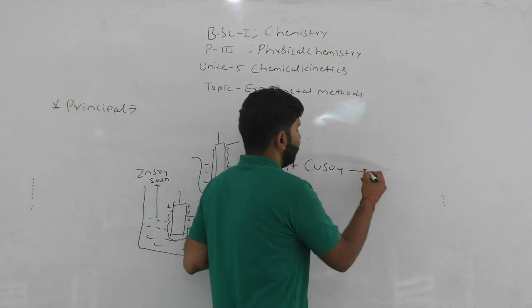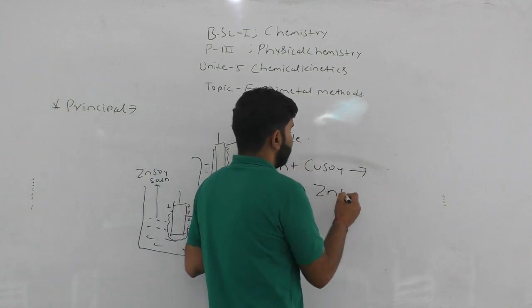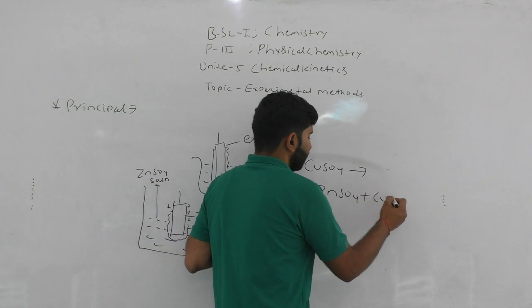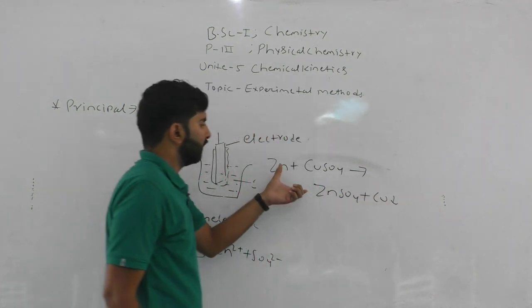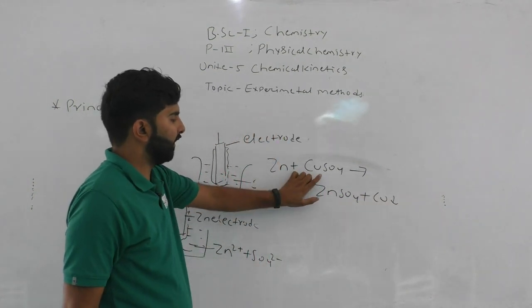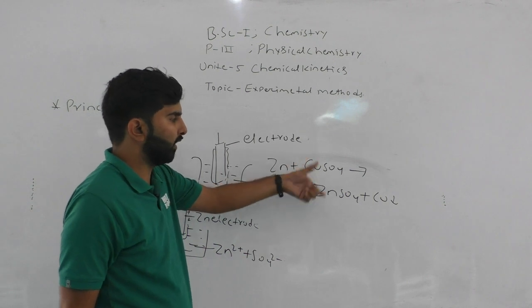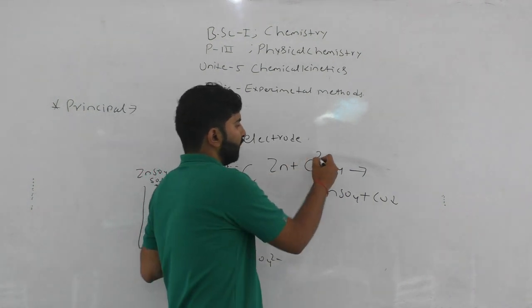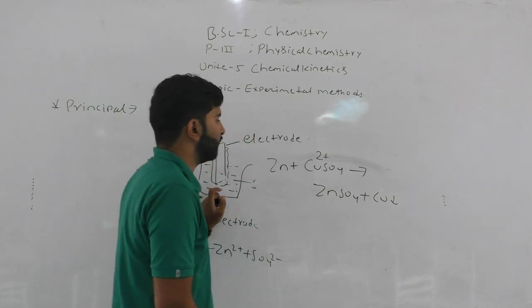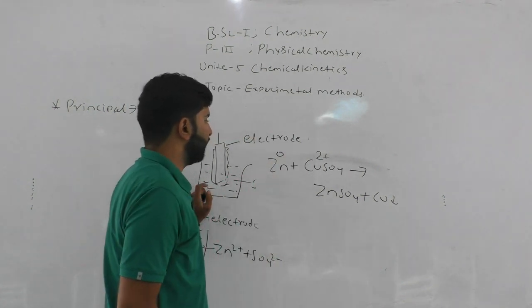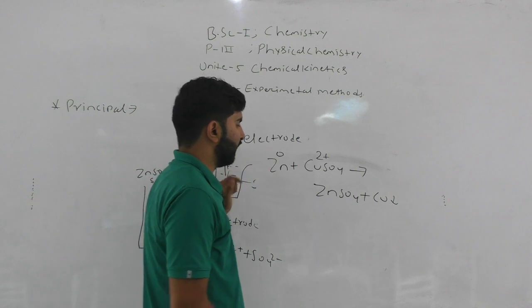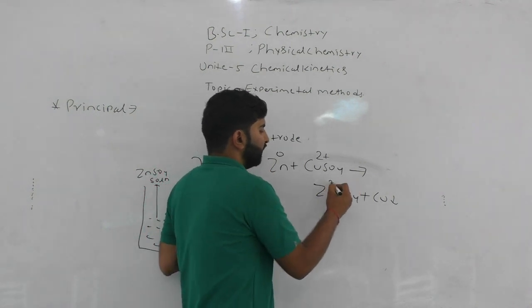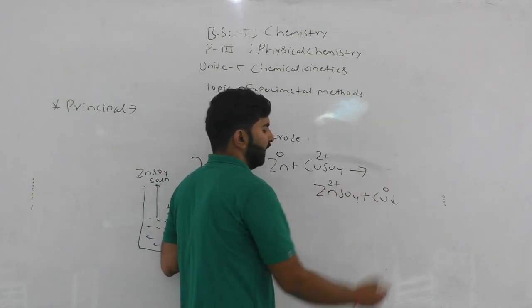zinc in a copper sulfate solution, this reaction comes out as the formation of ZnSO4 takes place, but the reduction of copper takes place. Here copper is in 2+ state and the zinc is in 0 oxidation state. After the reaction, the zinc oxidizes and copper gets reduced.